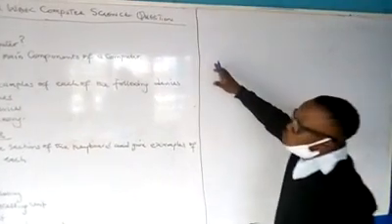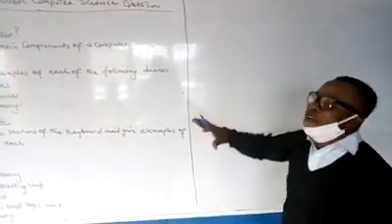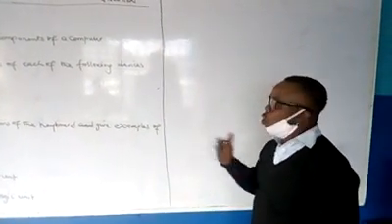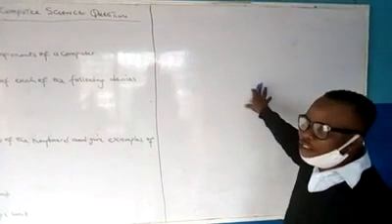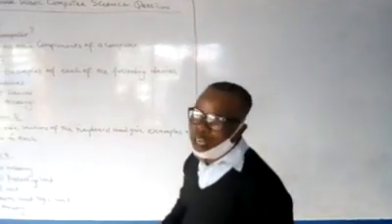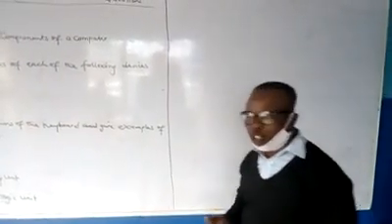Before we answer this question, I want you to have in mind that there are various means of defining computer. Some students will say computer is an electronic device that accepts data, processes data, and brings them out as output information. Good and fine, but that is not holistic.